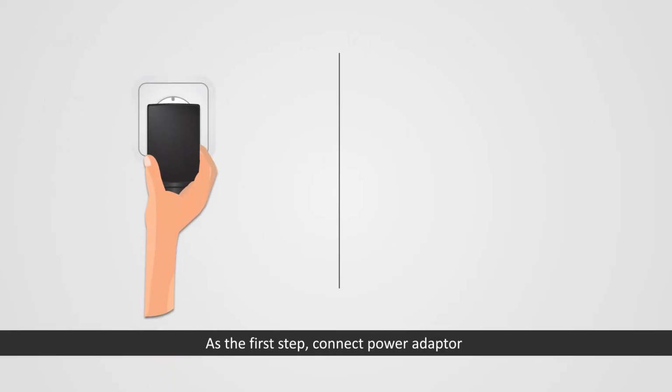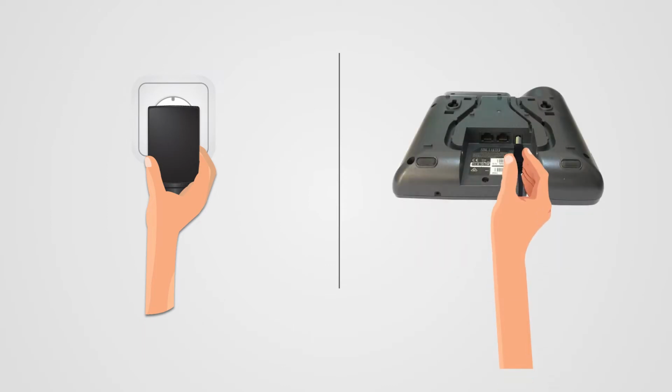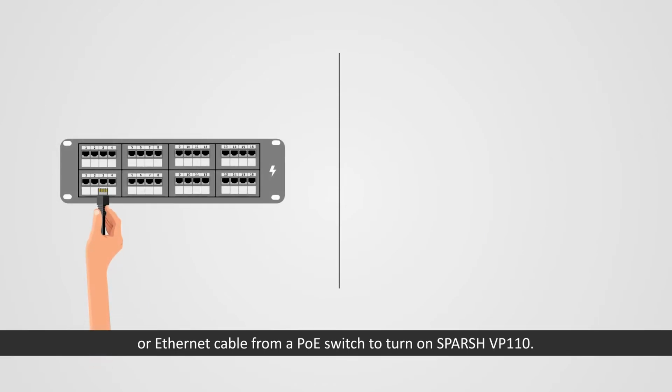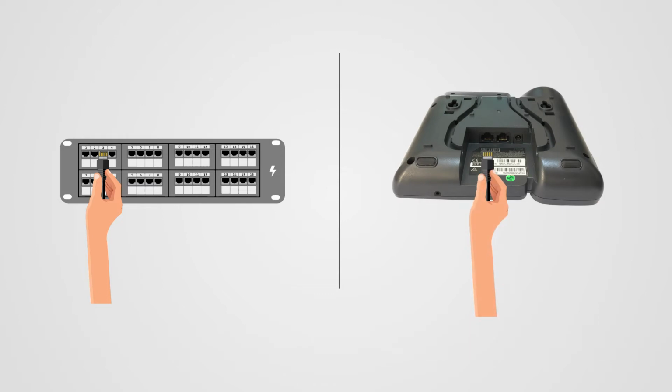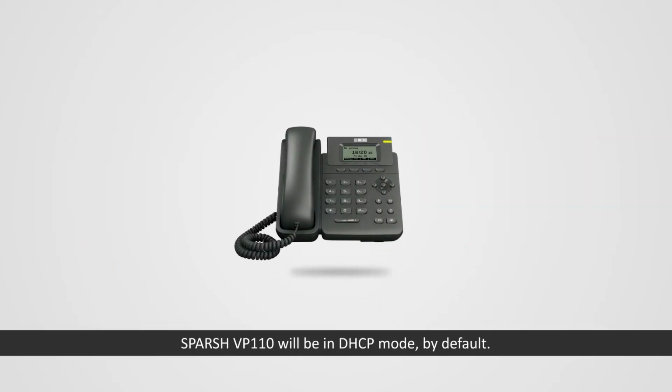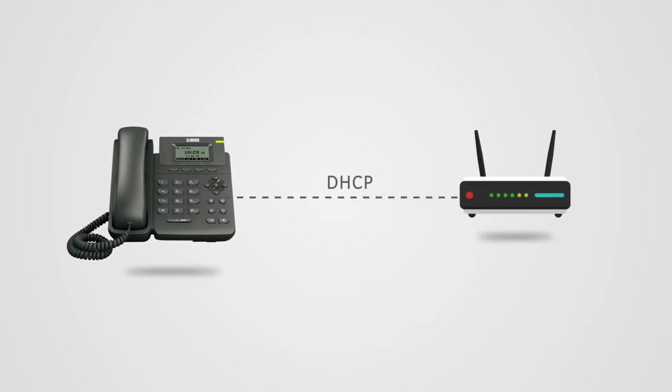As the first step, connect power adapter or Ethernet cable from a PoE switch to turn on SPARSH VP110. SPARSH VP110 will be in DHCP mode by default.